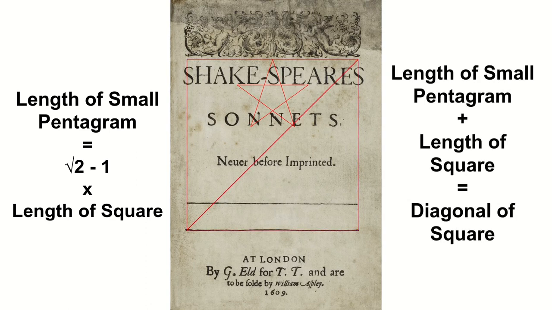In plain English, the length of the small pentagram plus the length of the square is equal to the diagonal of the square. There's the length of the pentagram, there's the length of the square, and there's the length of the diagonal. So, there we go.